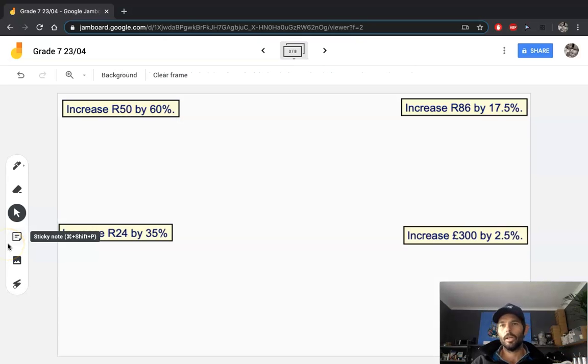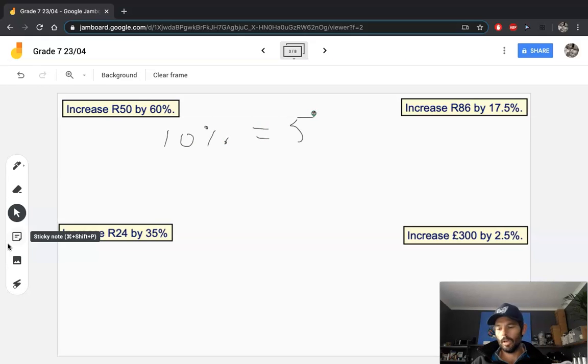All right, let's see how you guys did in that one. So if you've got 50 Rand pocket money a week and your parents come to you and say, hey, we're going to increase that 50 Rand pocket money a week by 60%. Now you need to work out how much am I going to get. Okay, so the first thing I'm going to do is work out 10% of the 50 Rand, which is equal to 5 Rand.